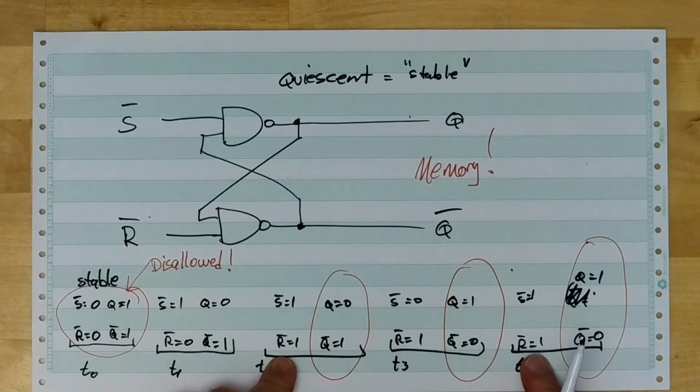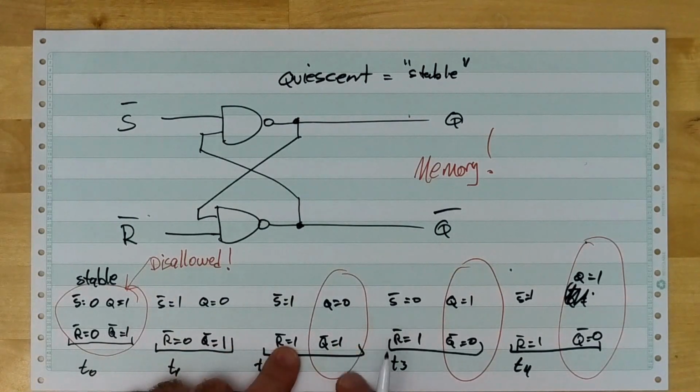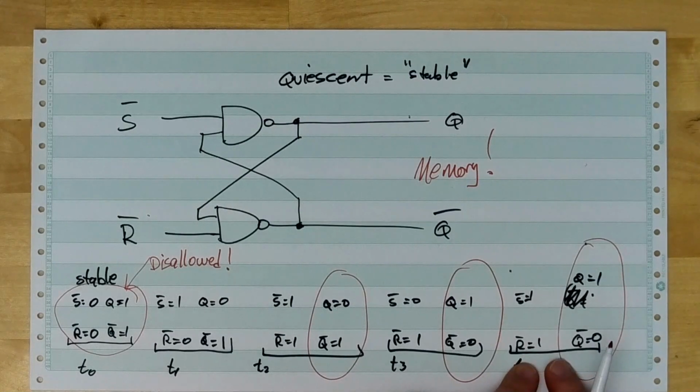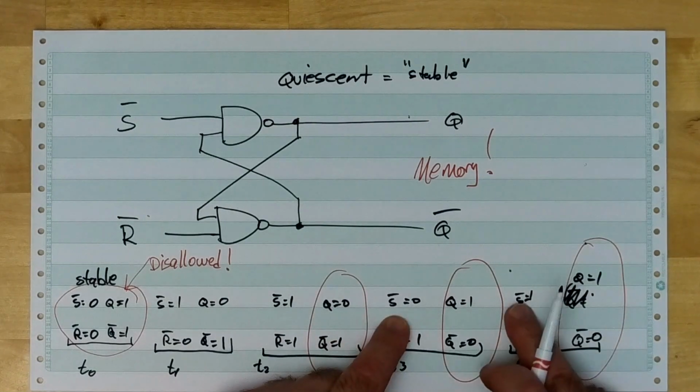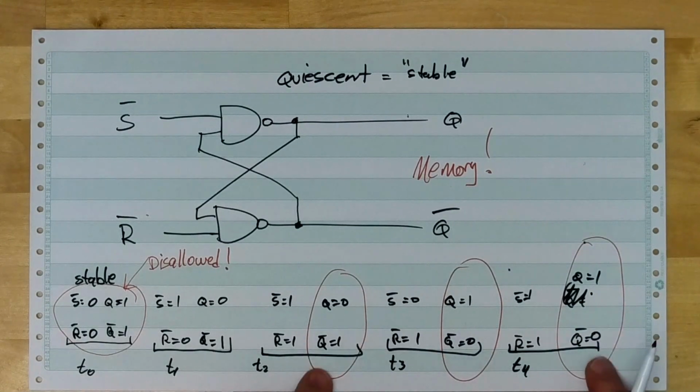Okay? Before this point in time, R bar was the most recent one to be 0. Therefore, we have this output. And this time, when they're both 1s, S bar was the most recent thing to become 0, and therefore Q and Q bar have these different values. Okay? Timing is everything on a sequential circuit.